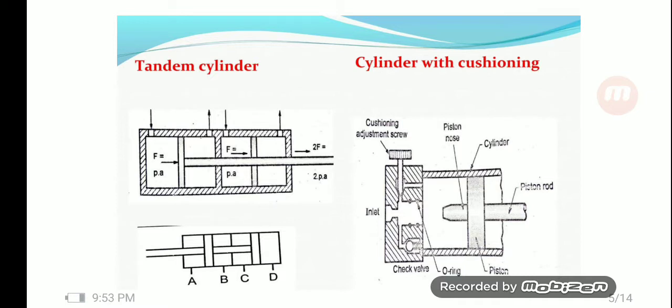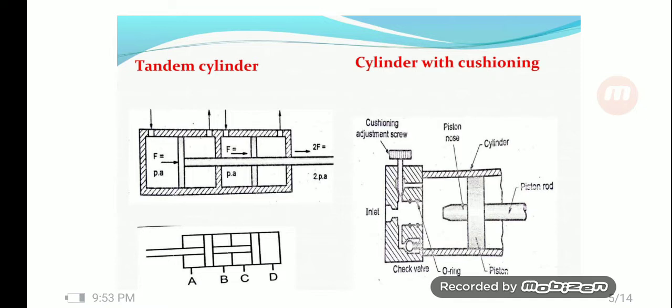So the pistons from compartments A and B move in the forward direction with double force, and the reverse stroke is also in the same manner. So here we can say that tandem cylinders are used for fast or quick operation in the forward direction.